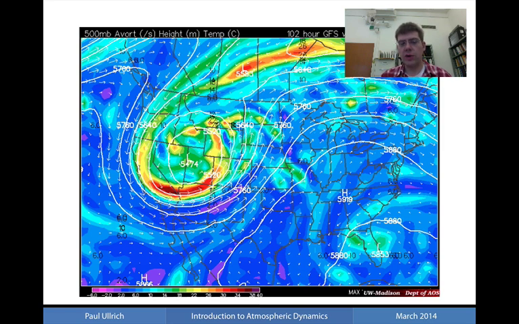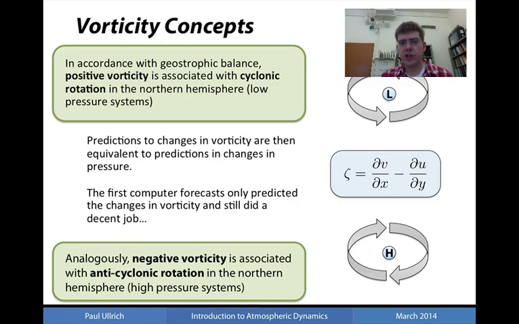So here you can see clearly the evidence of vortical motion around that particular low pressure. With the geostrophic balance, positive vorticity is actually associated with cyclonic rotation in the northern hemisphere, that is, rotation about a low pressure system. Consequently, you see the connection between vorticity and pressure in the atmosphere.